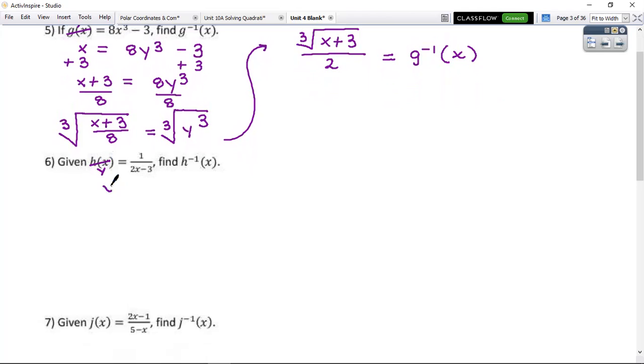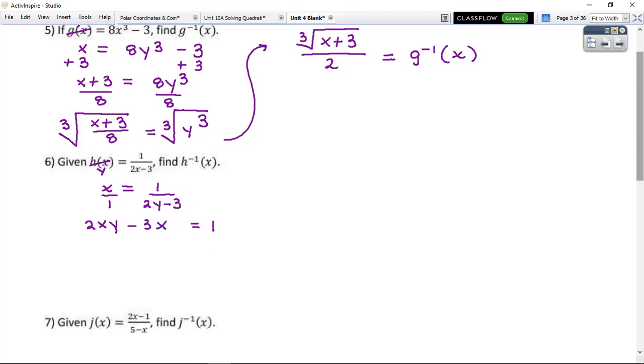So I have x is equal to 1 divided by 2y minus 3. And I'm immediately going to cross multiply that. So I get 2xy minus 3x, if I distribute, is equal to 1. My goal is to always solve for y equals.